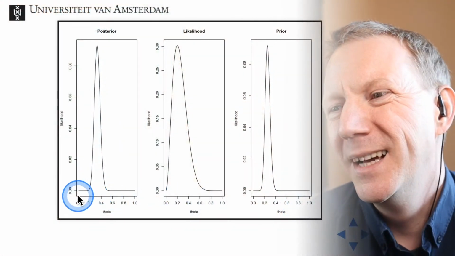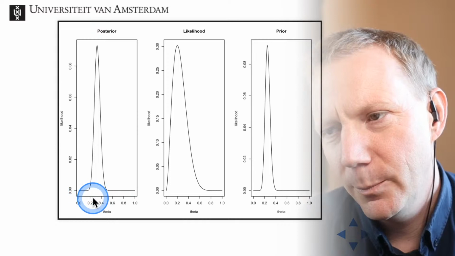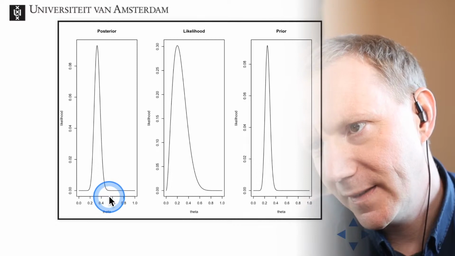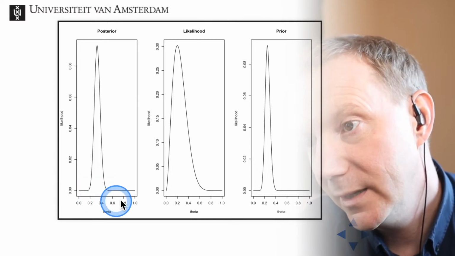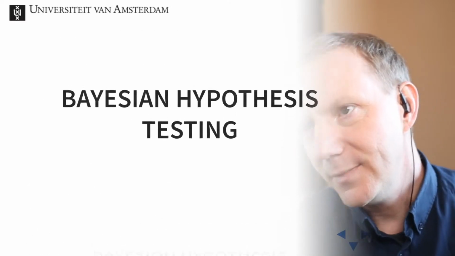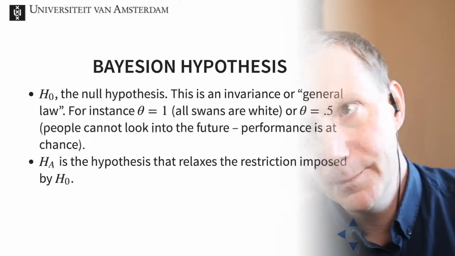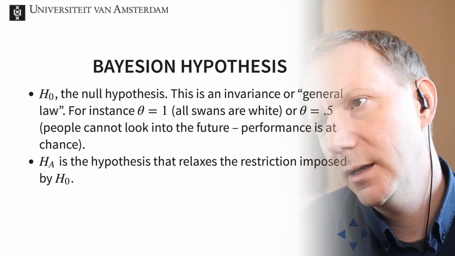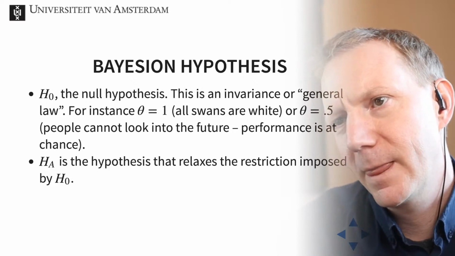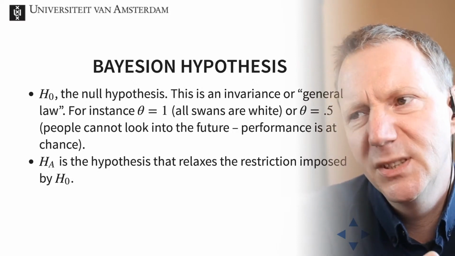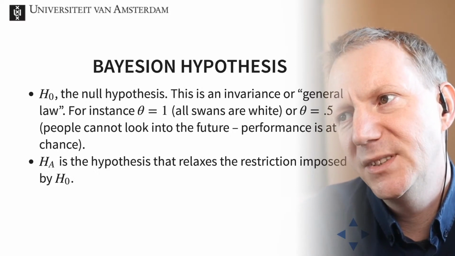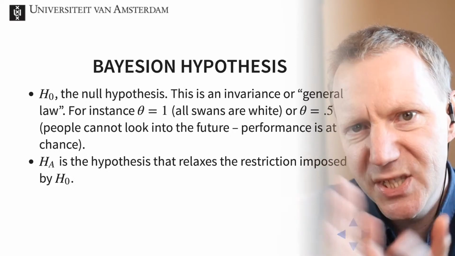So within all the possible space for theta, the null state would be the state where theta is 0.5. If you look at Bayesian hypothesis testing, the null hypothesis would be an invariant state, where you state what the specific theta would be.